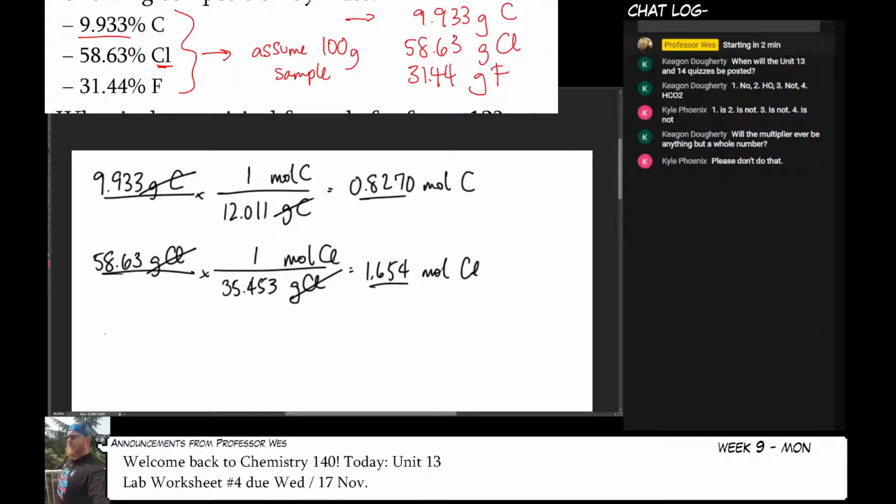But we're going to do the same thing for fluorine. We'll turn it into moles. Fluorine's 19, right? 18.998. Okay. I should really just get the periodic table on the desk and not lean over and look at it on the floor where it's sitting for some reason.